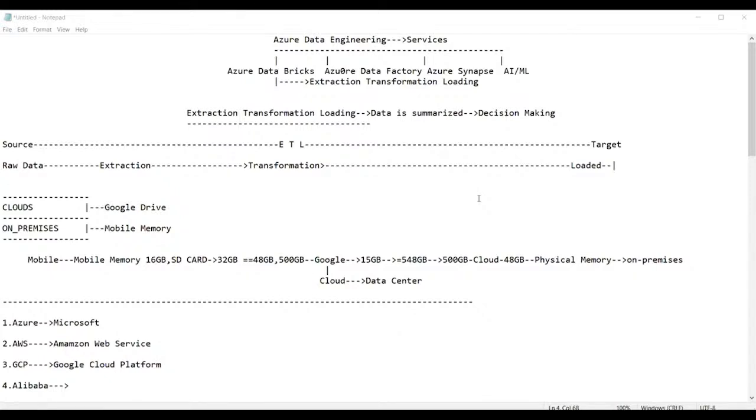Once the data is inserted, picking up the data from there, preparing or moving it into Delta Lake and then performing the visualization, for all this process we are using ADB only.